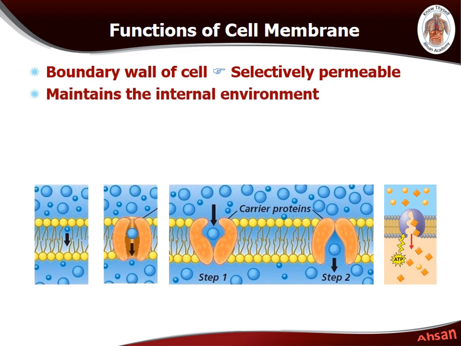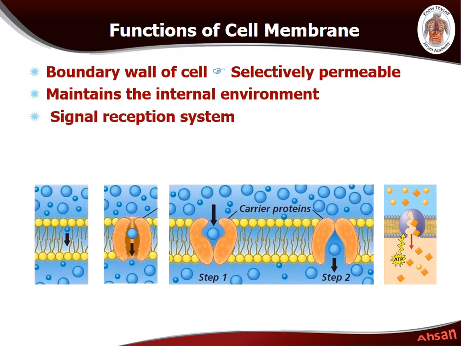By selective permeability, the cell can make a different environment inside than the environment prevailing outside. Some chemical substances or electrolytes may be concentrated inside and not allowed to come out by diffusion. So the inner environment becomes different from the external environment because of the presence of a selectively permeable membrane.